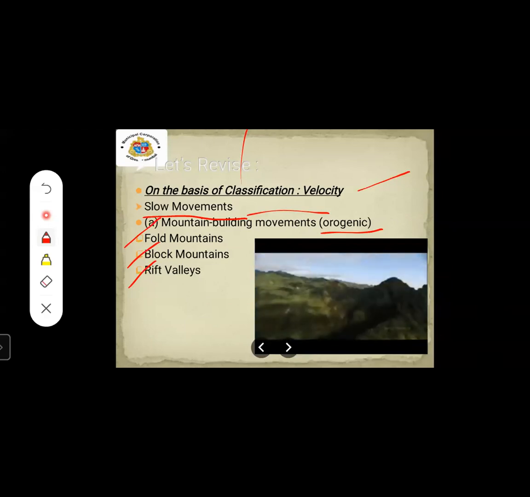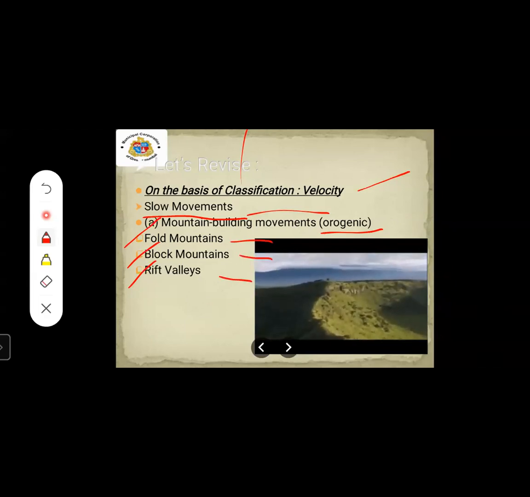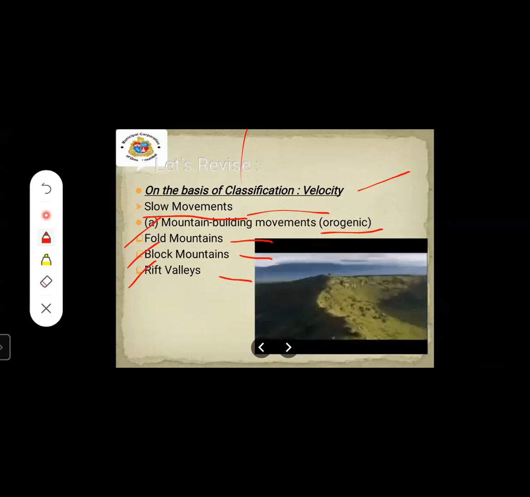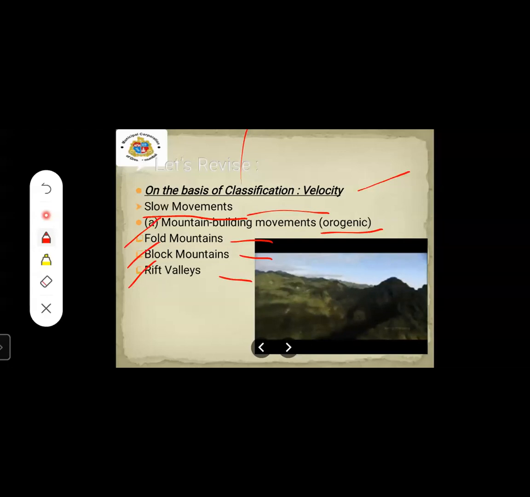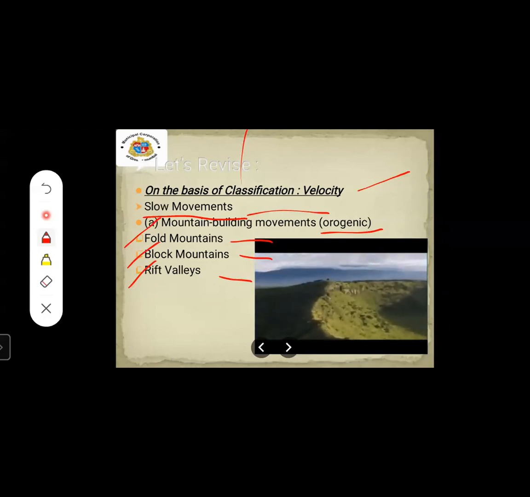In slow movement, we have studied three types of mountain. First is fold mountains, then block mountains. Keep that activity in your mind, and due to that we can easily write the answer also. The particular diagram you have to keep in mind too.